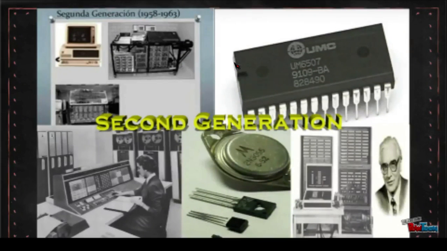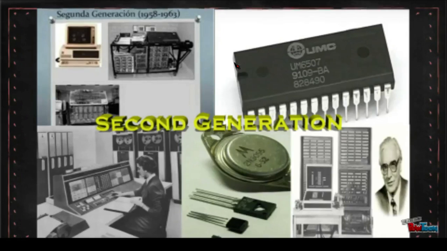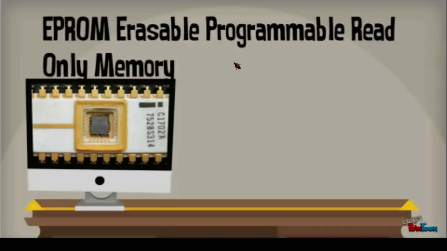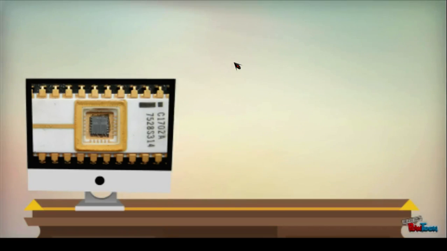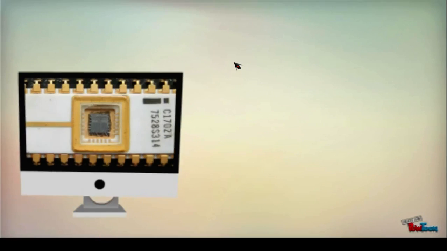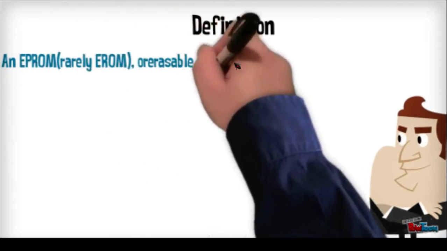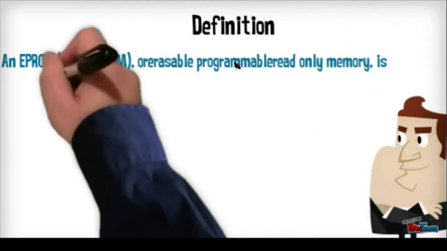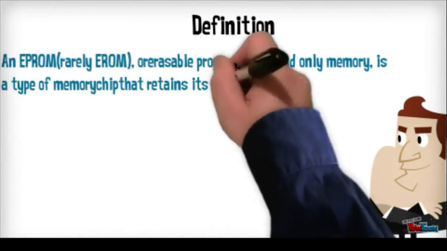Second generation. EEPROM. Erasable programmable read-only memory. An EEPROM is a type of memory chip that retains its data when the power supply is switched off. In other words, it is not volatile.